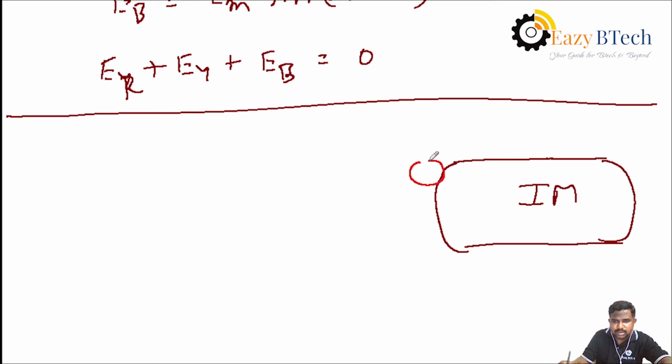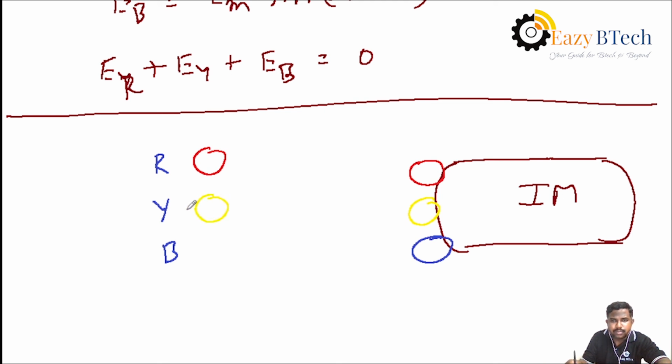The first is R, the second one is yellow, and the third one is B. Then we have three phases R, Y, B on the supply side also: red, yellow, and blue.